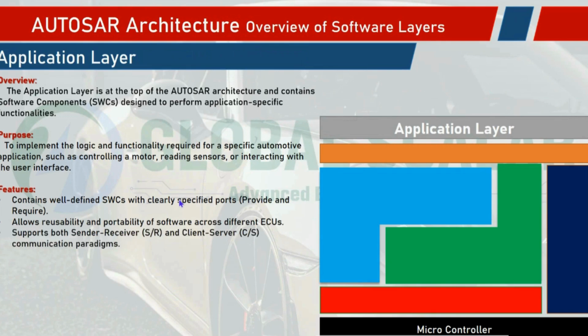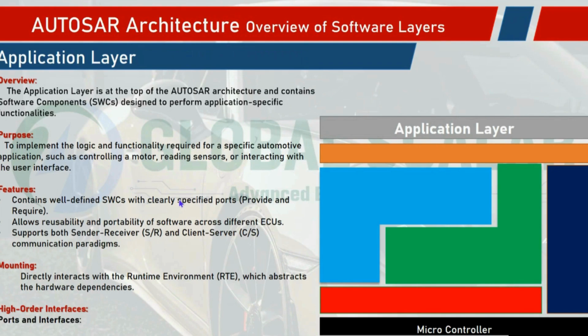It supports both sender-receiver and client-server communication, and it interacts directly with the RTE, which abstracts the hardware dependency. The ports and interfaces are the major elements for communication. So there are two ports, the provider port and the required port, which we also call the receiver.